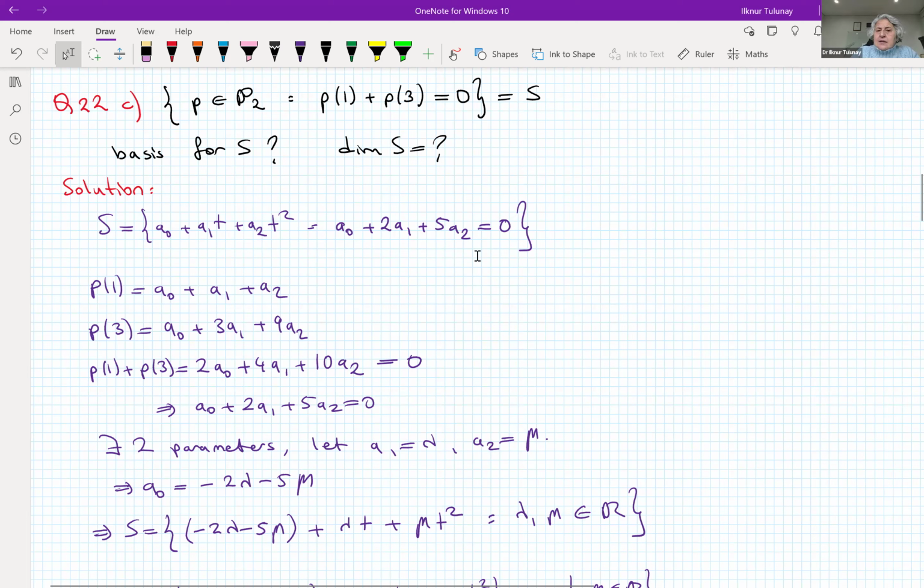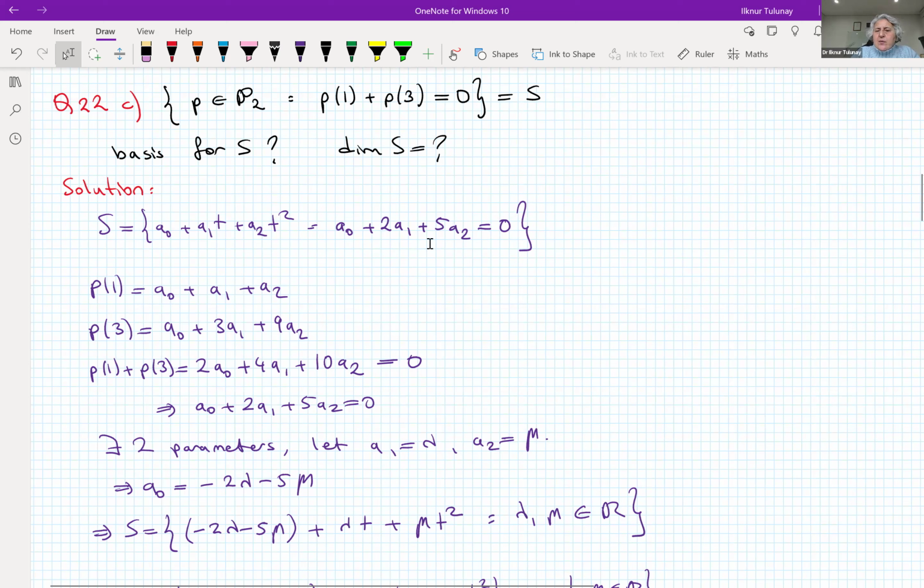And what this says is that you have 3 parameters, and one of them depends on the other 2, because A0, A1, A2 could be any real number, and we can write one of them as a dependent variable of the other 2. So that's what I'm doing here. I can say A1 is lambda, A2 is mu.